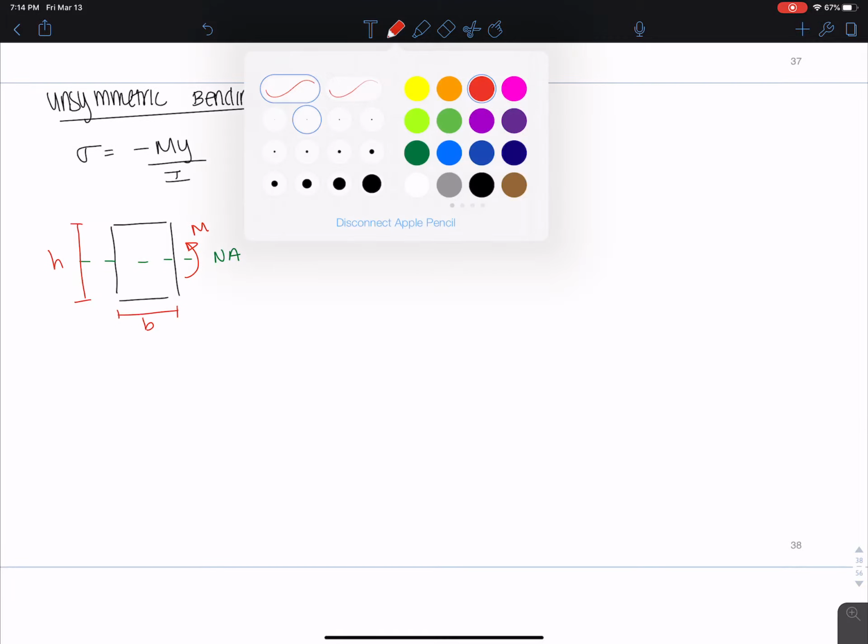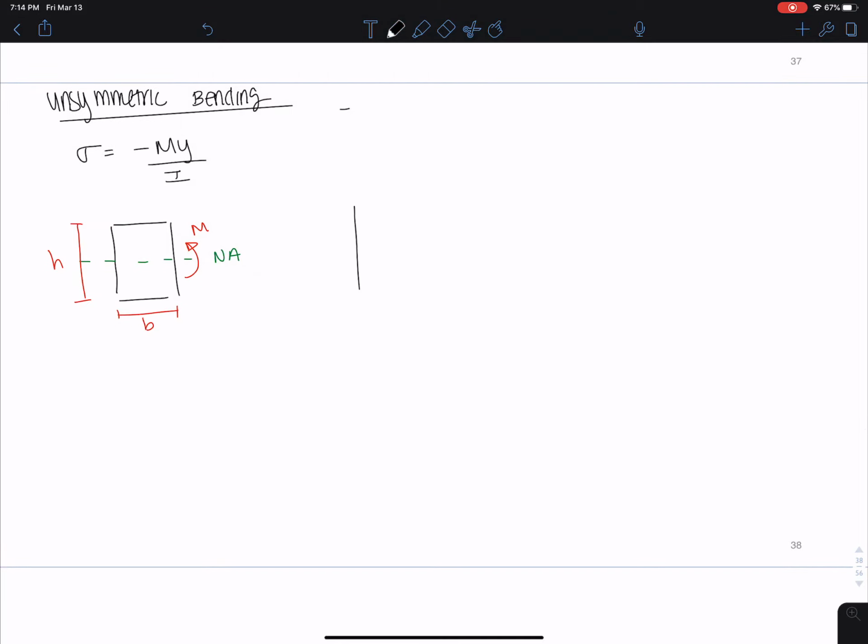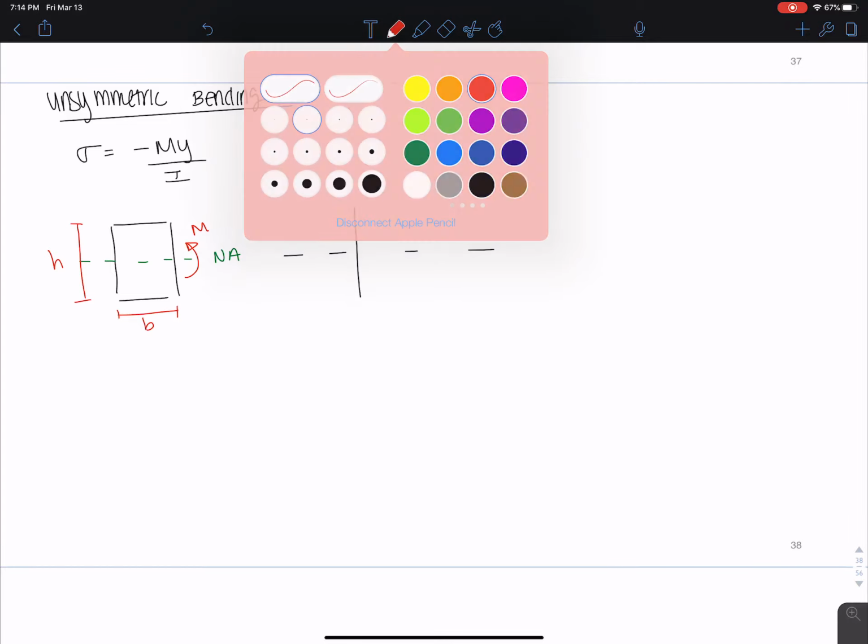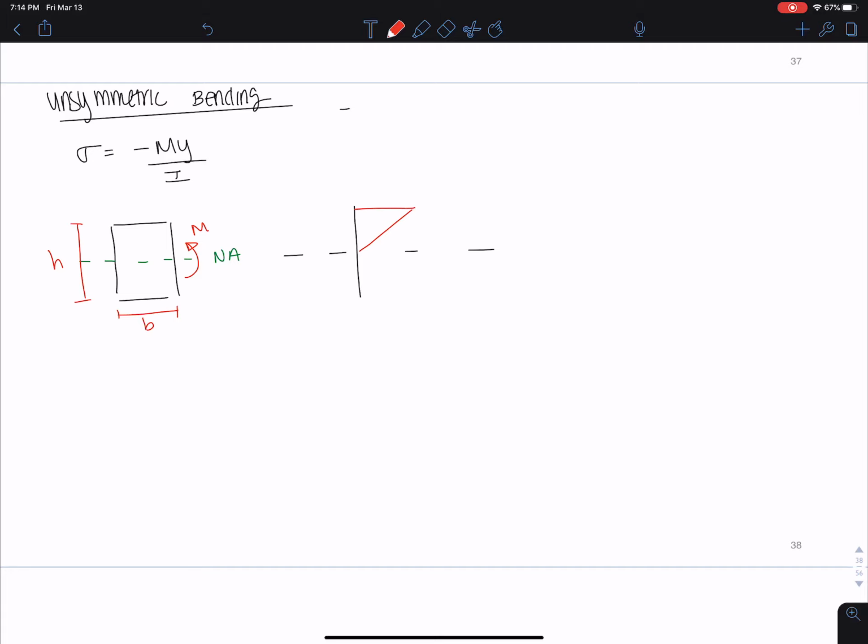Okay, and I can determine the stress profile to look something like this. I know that here I have the sigma max in compression, and I have some other sigma here in tension, and I know this is my y equals 0, and I can also determine basically the stress at any point.